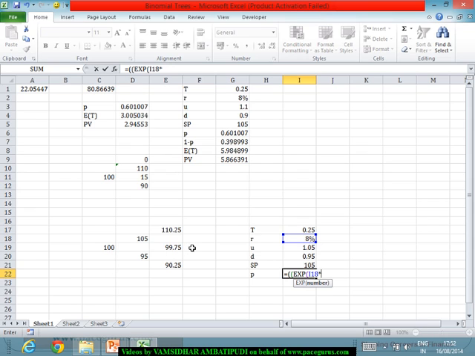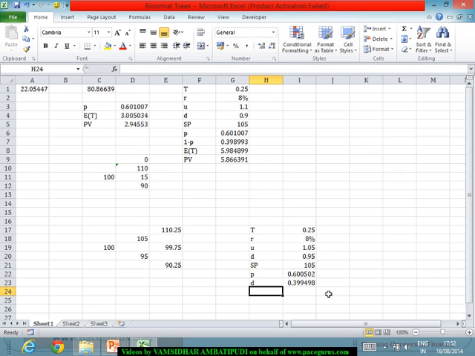So I'll take it as 1/8 of a year. e power rt minus d, divided by u minus d. So the probability of going up at each of the nodes is working out to 60.05%.